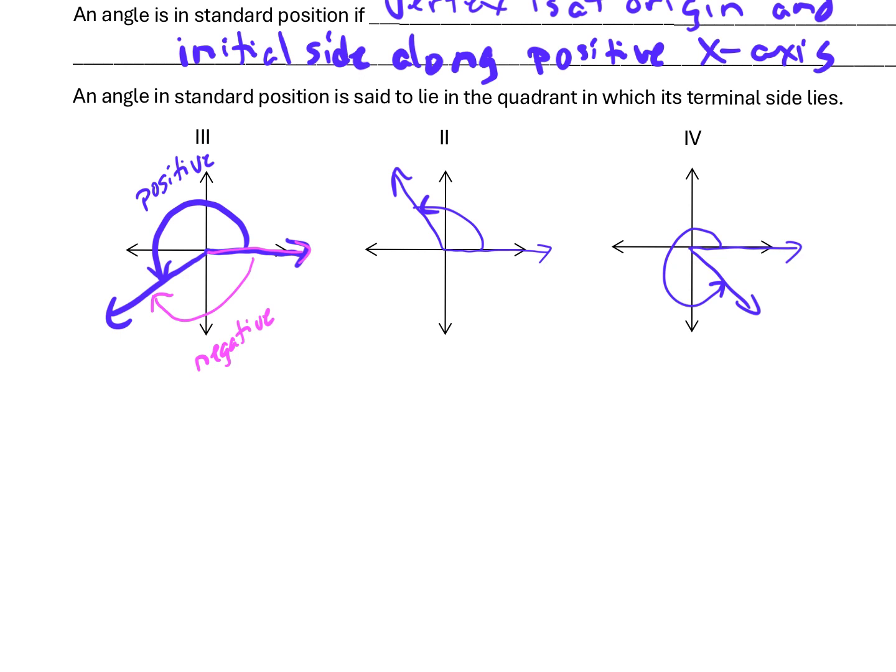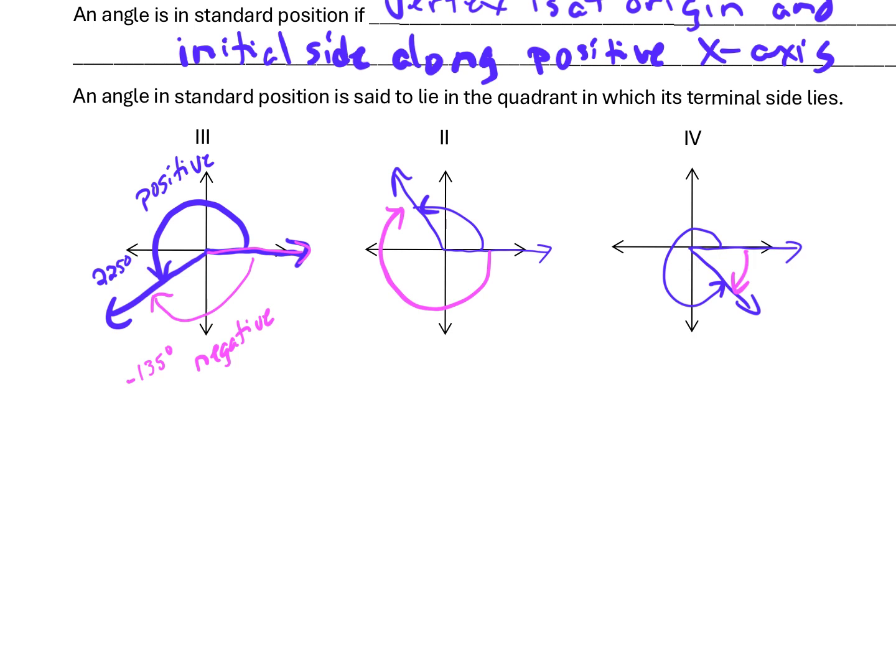So this one would be approximately 225 degrees positive. And negative, we would say that that's about negative 135 degrees. Approximately. So just keep in mind, we can rotate in the positive direction or the negative direction.